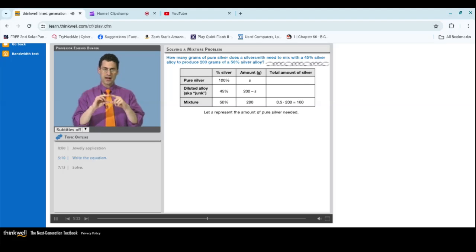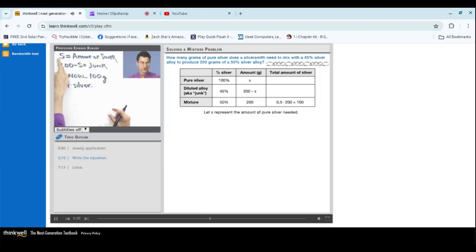grams of pure silver in our final mixture. How much of that came from silver? Well, silver contributed all of S. This is pure silver. You add that in, that's just pure silver. And that contributes all of this stuff. But in fact, we have 200 minus S in junk. But not all of that is pure silver, right?